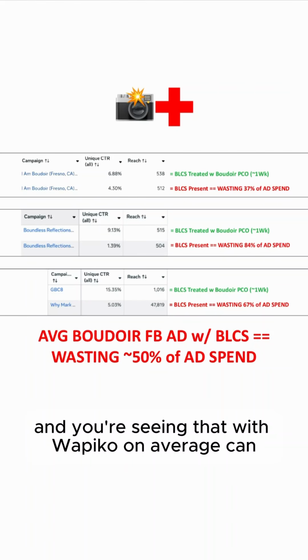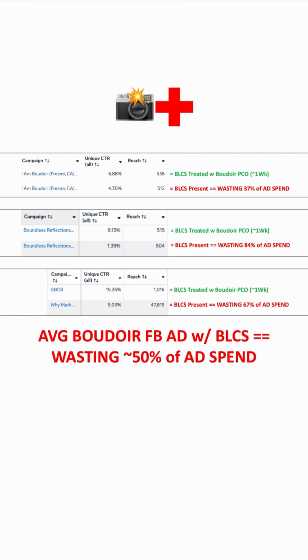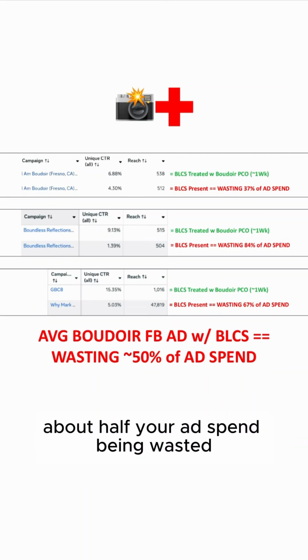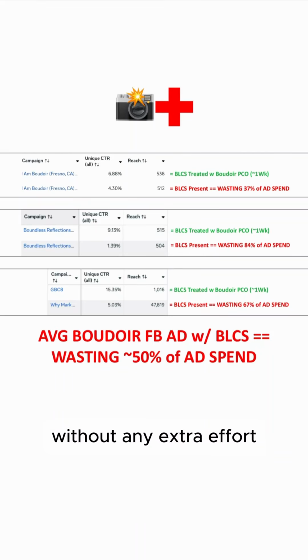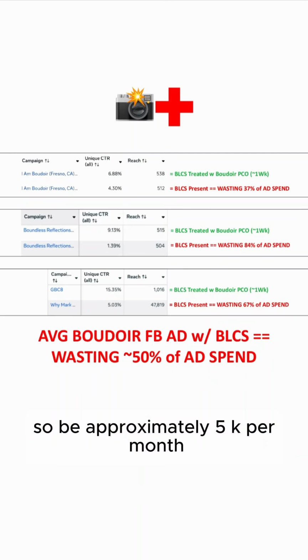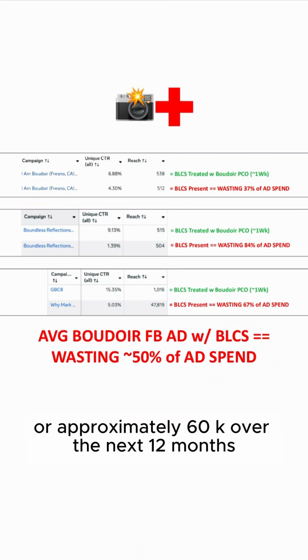And you're seeing that Boudoir Pico on average can eliminate about half your ad spend being wasted, put that back in your pocket without any extra effort. So that'd be approximately 5K per month, or approximately 60K over the next 12 months, over the next year.